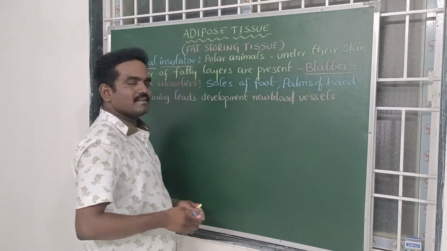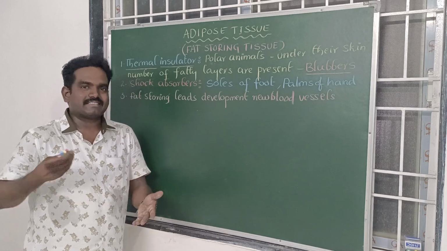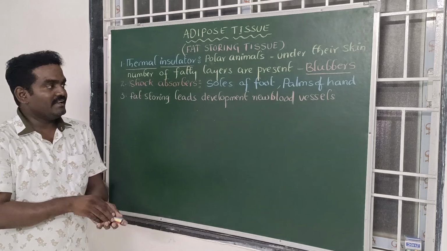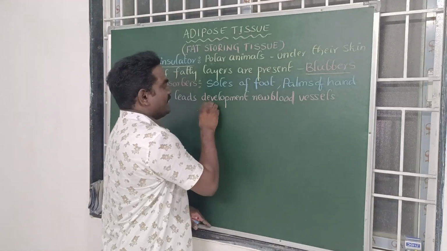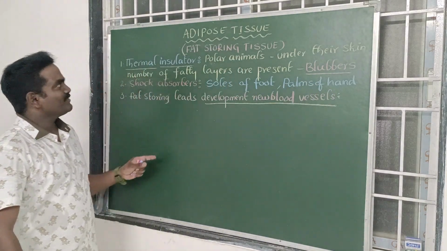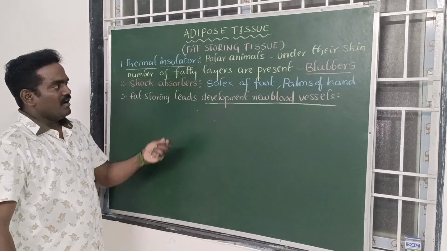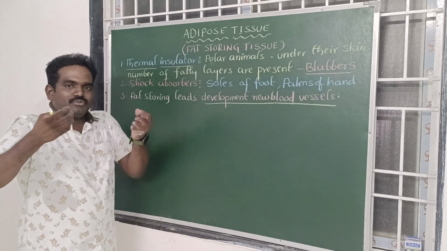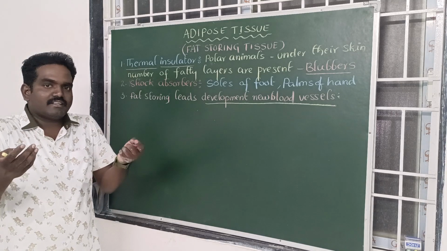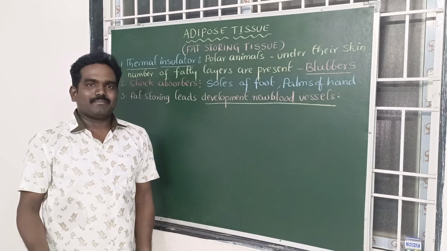When the person's body mass is going to increase, that means accumulation of numerous fat in the body is responsible for the development of new blood vessels. This is also one of the adipose tissue functions. Because when adipose tissue develops more and more in the body, for supplying nutrients to the tissue, more blood vessels are developed.